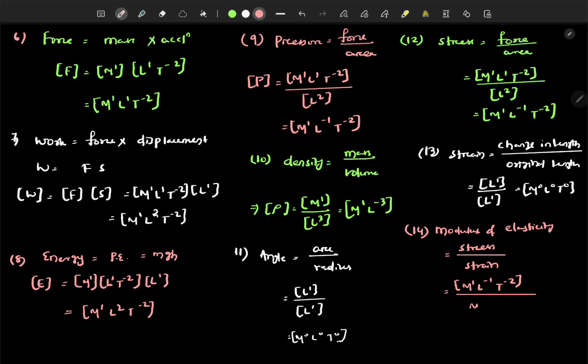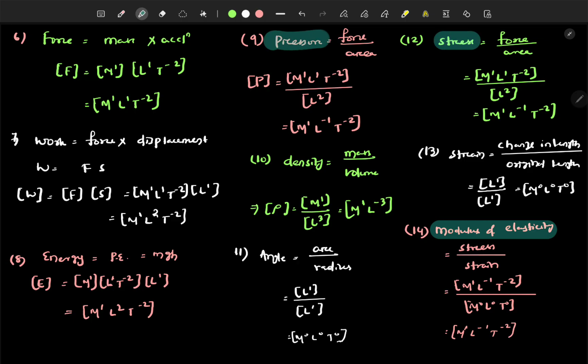And strain has no dimension, M0 L0 T0. So the answer will be M power 1 L power minus 1 T power minus 2. This is the dimension of modulus of elasticity. So remember, modulus of elasticity, stress and pressure all have the same dimension.